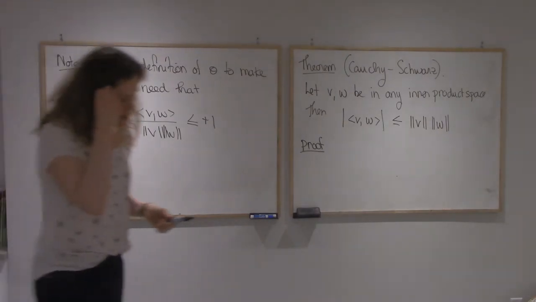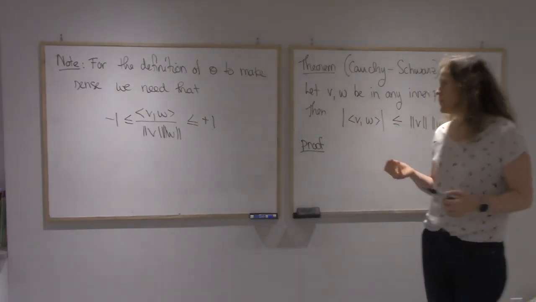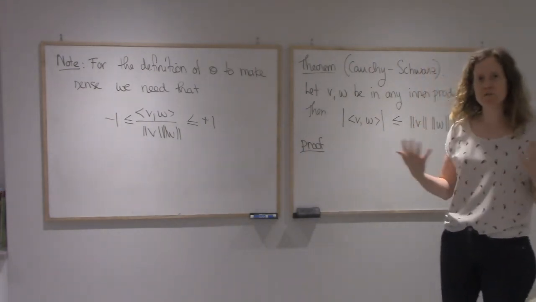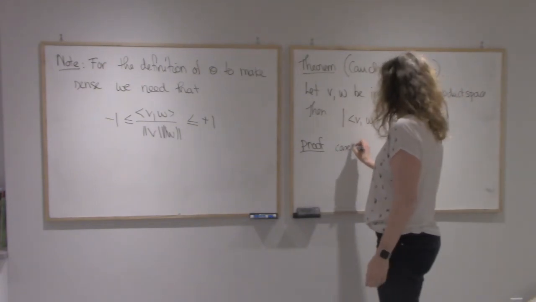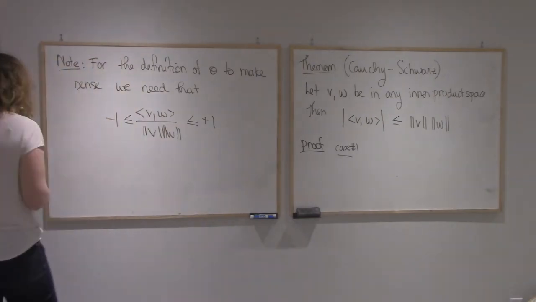This is a clever proof. It's not full of insights; it's mostly a trick that somebody found. But let's start by doing one case. Let's say one of the elements is 0. Let's say V is 0.